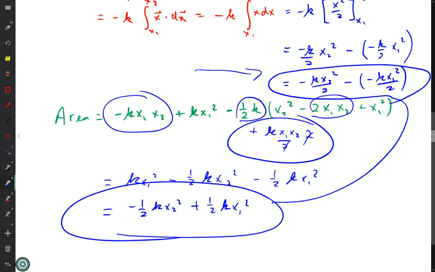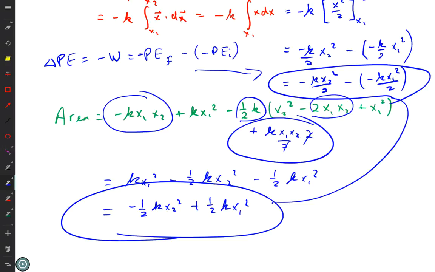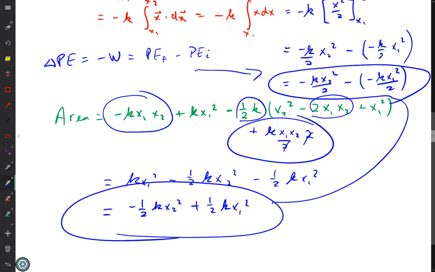Because we define change in potential energy as equal to minus the work, which means potential energy final minus potential energy initial, because it was change in potential energy.